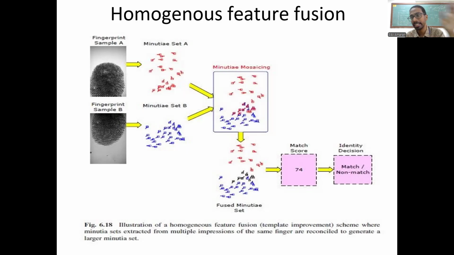But in sensor level, before applying the minutiae algorithm, we have to do the alignment process, and the region of interest is applied before the minutiae algorithm. This is the difference. Then we identify the score and make the decision. So this is the difference between sensor level and feature level extraction.